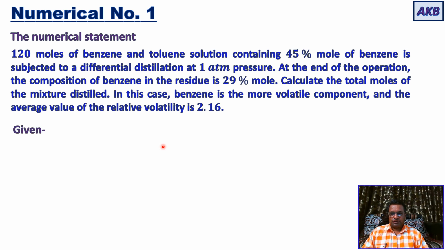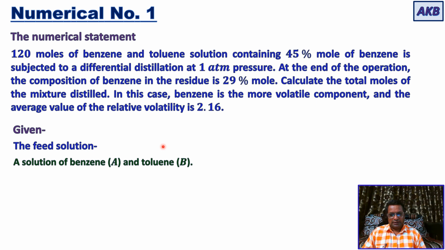So let us first note what are the given things in this numerical. So the feed solution in this case is a solution of benzene, and let me denote it by A, and toluene, let us denote it by B. So you have a liquid solution of benzene that is A, and toluene that is B. The quantity of the feed solution is given to us.